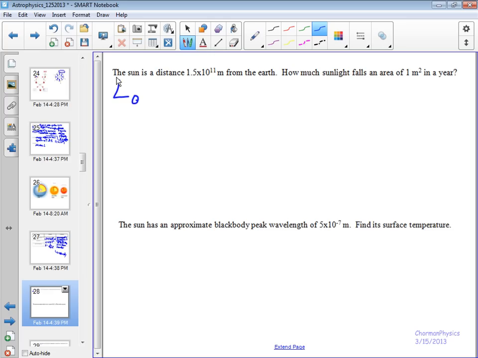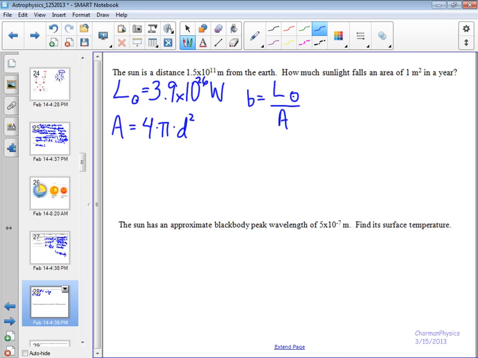All right. So we can calculate the luminosity of the sun, and that's my sun symbol there, is just 3.9 times 10 to the 26th watts. And the surface area over which this is distributed is 4 times pi times d squared, which is just the distance from the sun. So we can calculate the apparent brightness.